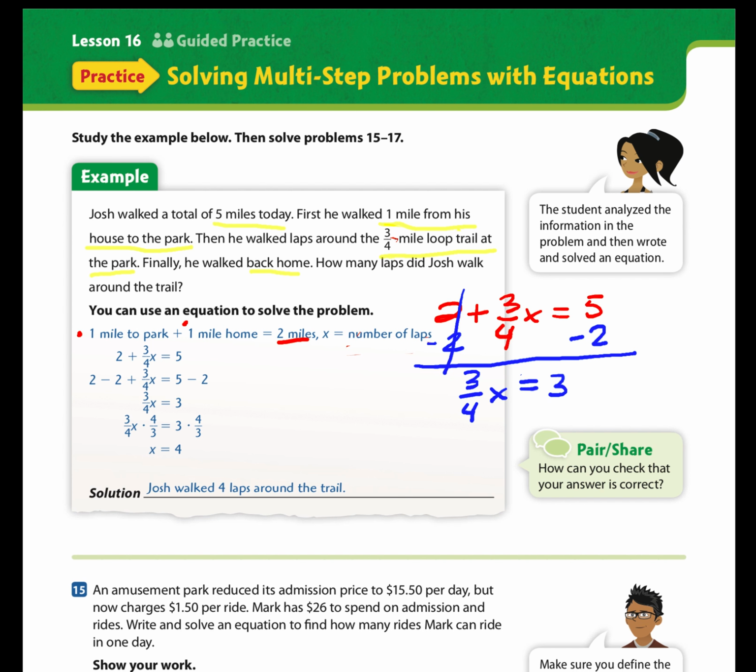All right, now I need to get rid of the 3/4 so I can keep the x. It's being multiplied at the time, so we're going to divide by 3/4. This is kind of like what we did on Tuesday when I ran in at the last minute with you guys. What you do to one side, you do to the other, just like that.